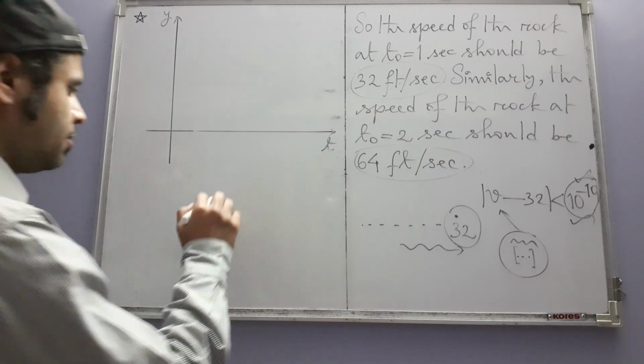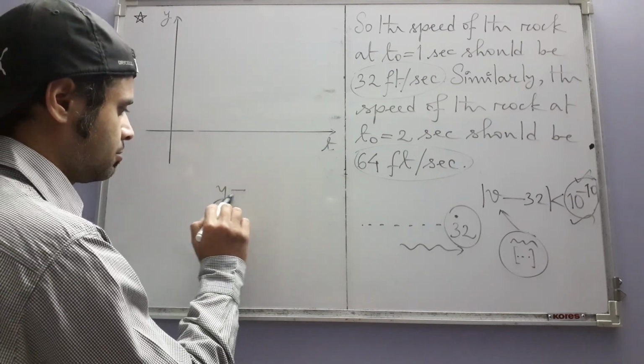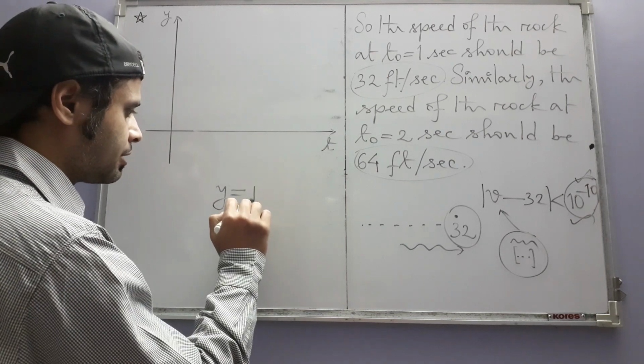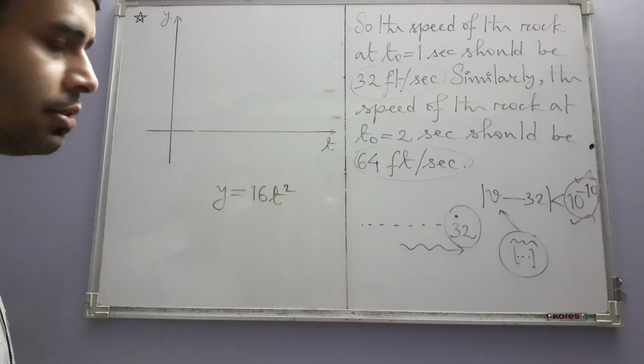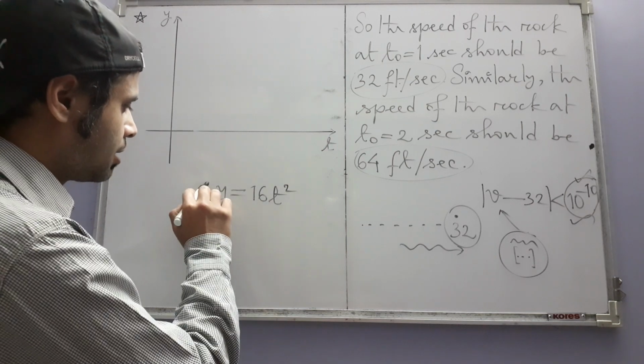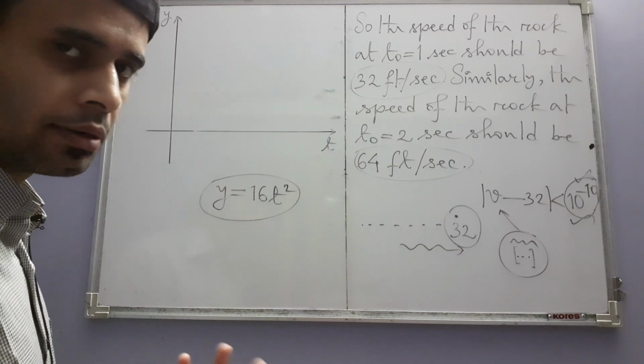Now we already have a formula for y in terms of t, which is 16t square, and we already know how the graph of this equation should look. It will be a parabola.